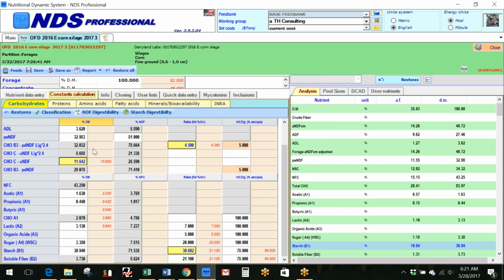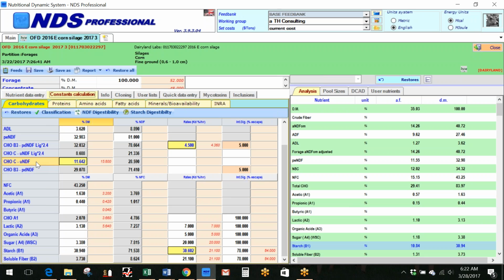As you look at your yellow boxes here in the carbohydrate tab under constant calculations, you can see that we have a rate for our NDF of 4.5, and then we also have this value filled, which is the measured uNDF 240.